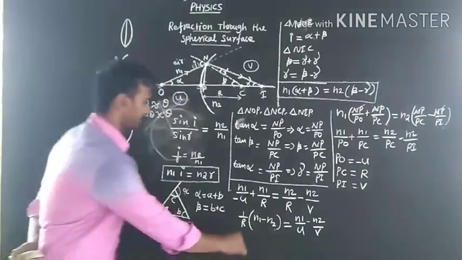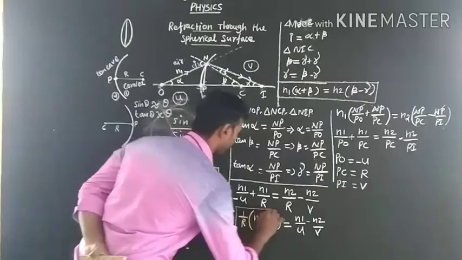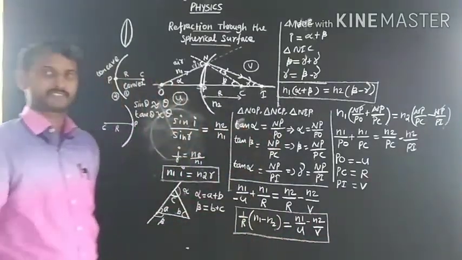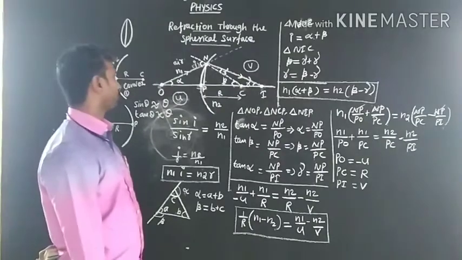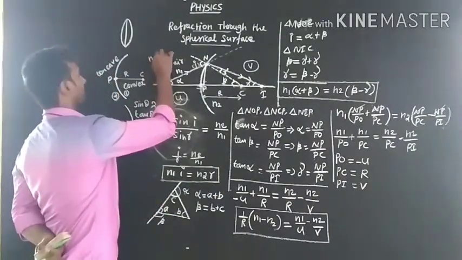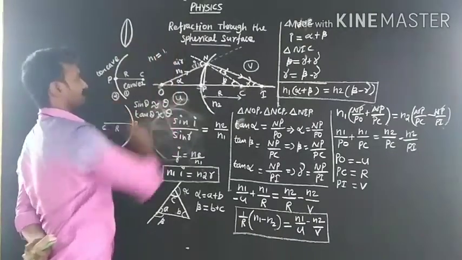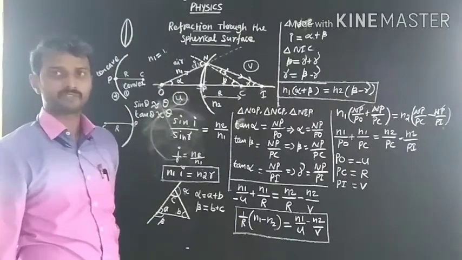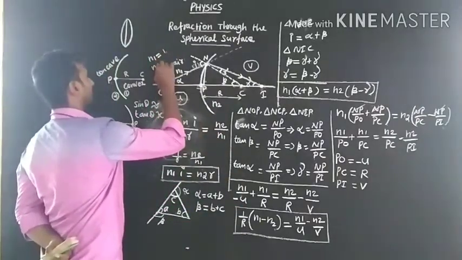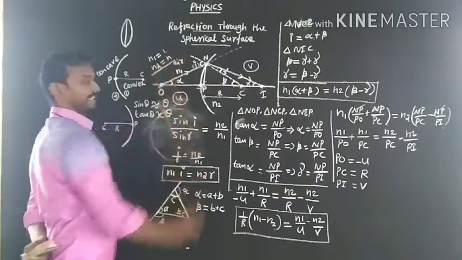Okay, so this is the equation of refraction through the spherical surface, in which n1 is the refractive index of the air medium. You know very well that n1 is equal to 1 because the refractive index of the air medium is equal to 1. If n1 equals 1, then n2 is taken as n.